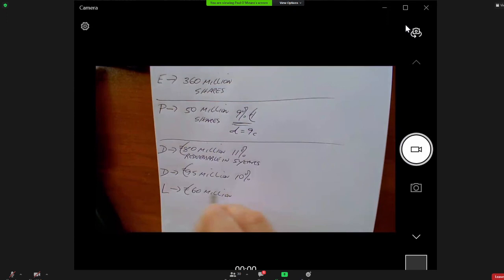But as I read into the question, it talks about the ordinary share price ex-dividend 175. So back up here, making sure I don't mess it up. 175 is the price of the ordinary share. In the question, it's explicit. You multiply that by 360 million, and I have the value of all the equity, worth 2 marks.